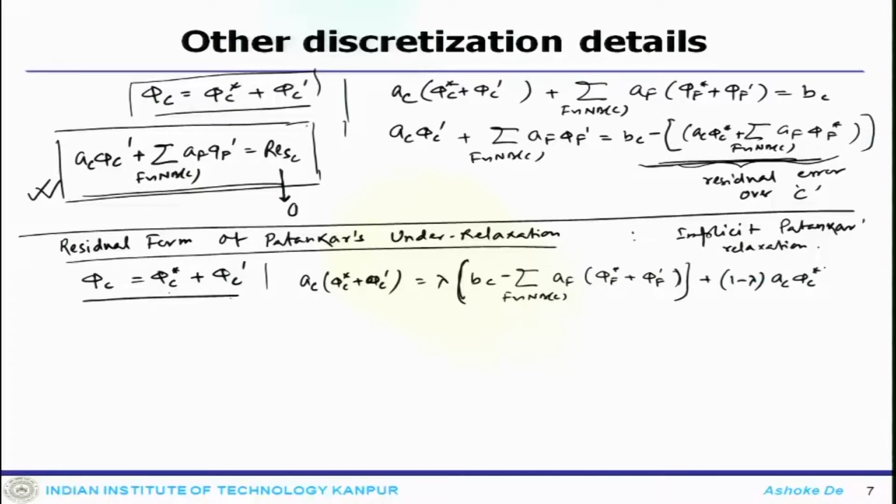So, we are using the standard Patankar notation and also implementing the residual form, and the system of equations will become like that.